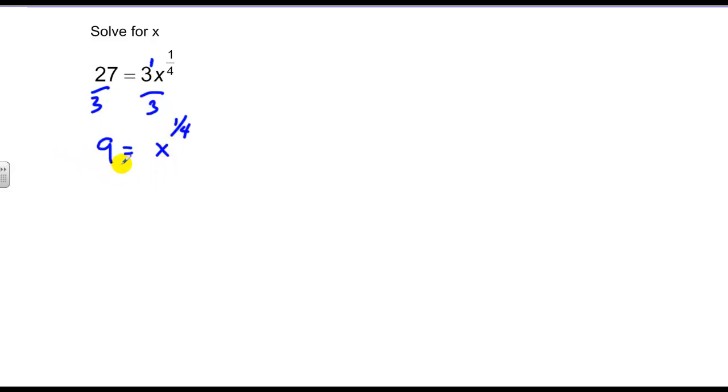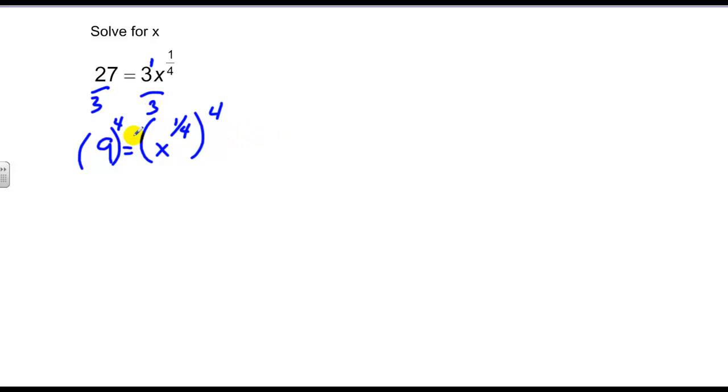Now the easiest way to do this, I find, is if I want to make this 1, I could multiply the 4th by the number 4 and that gives me a number 1. But if I want to multiply powers, then I'm going to have to raise both sides of my problem to the same power, and that's fine to do. Whatever you do to one side, you have to do to the other, and that's balancing an equation.